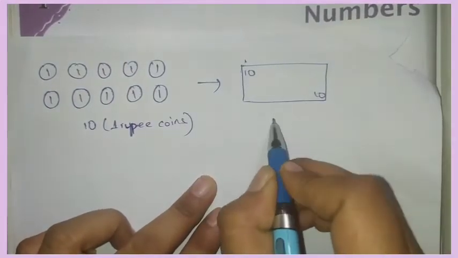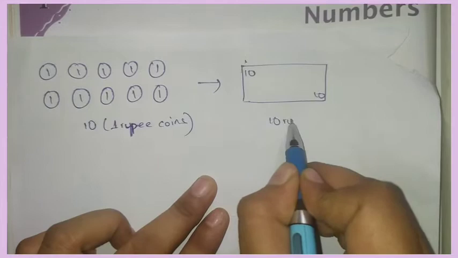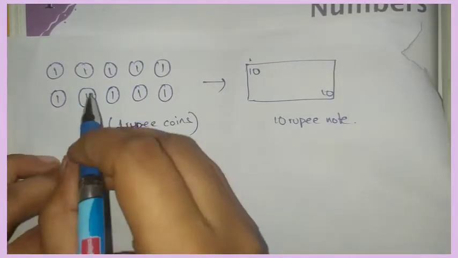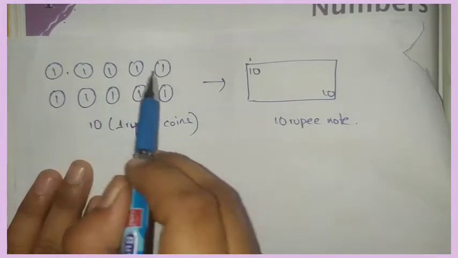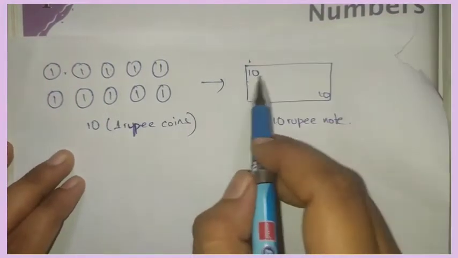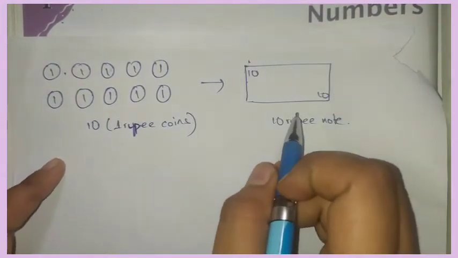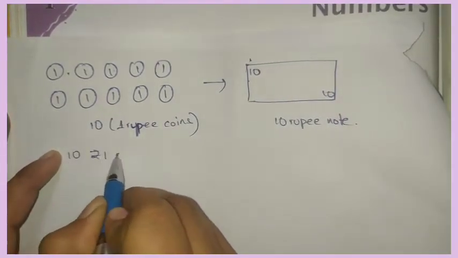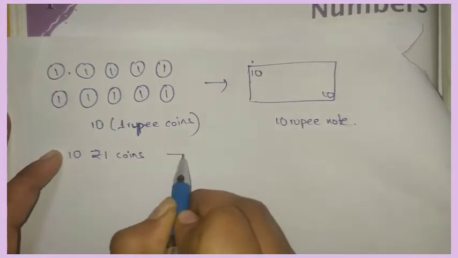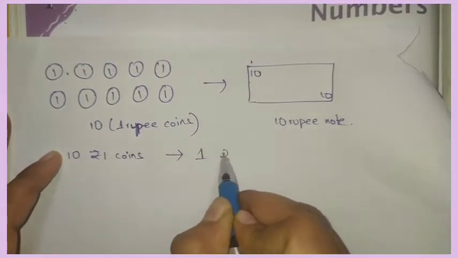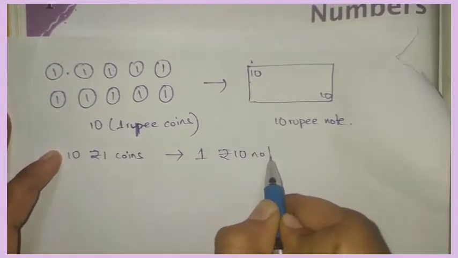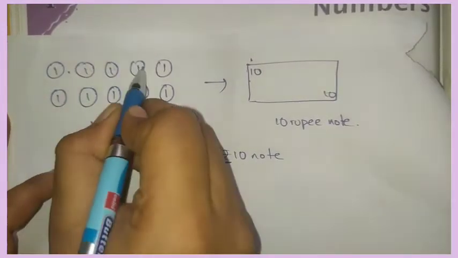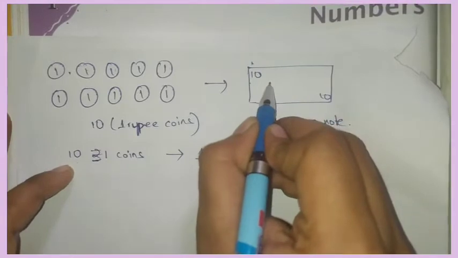This means 10 one rupee coins make one 10 rupee note. This is the rupee symbol.